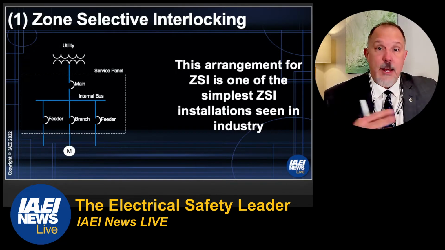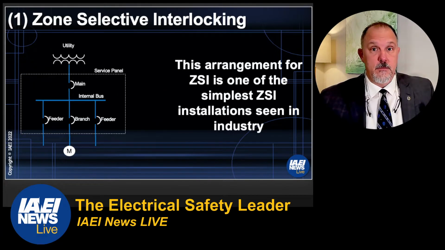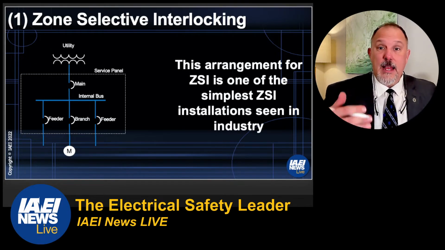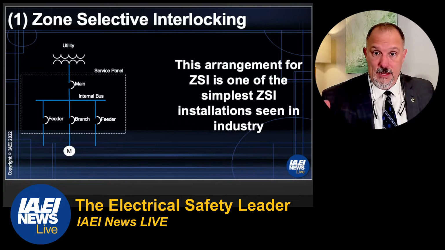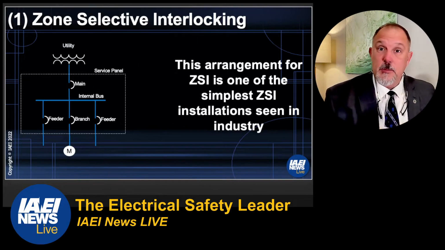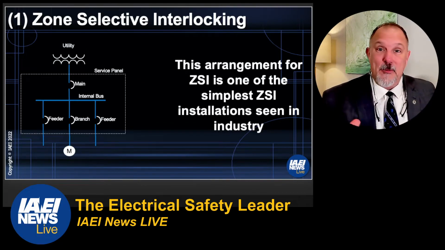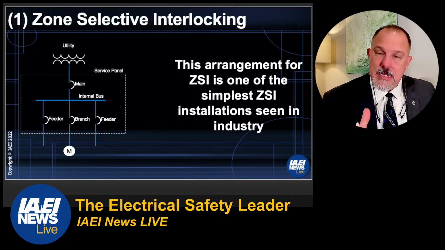That adds up to a lot of CTs, a lot of wires. And if I wanted to do differential relaying, I would need a relay in addition to those CTs, because the CTs would all have to go back to that relay. Think about the complexity of what we're talking about.